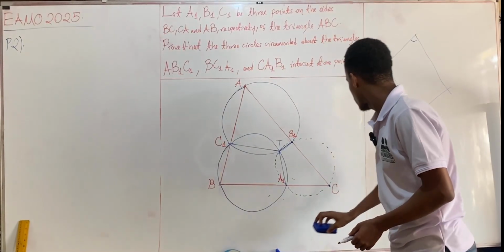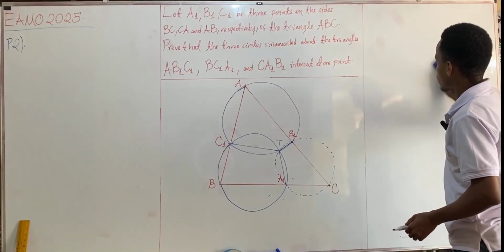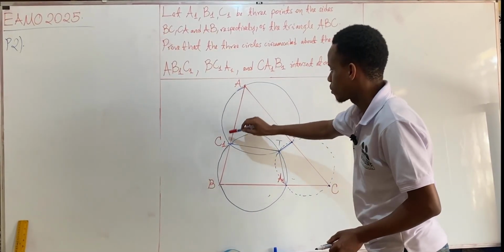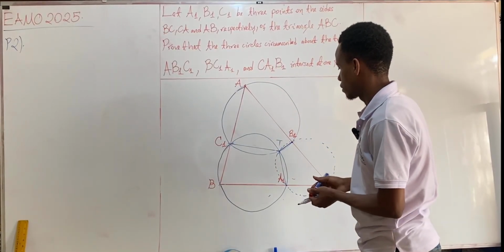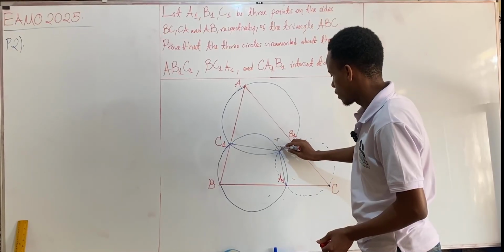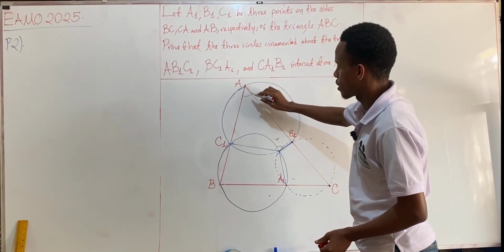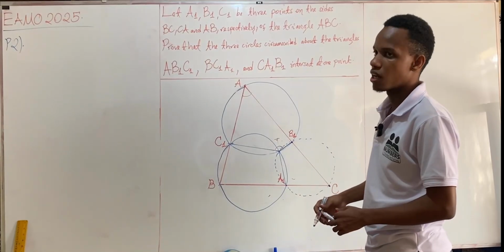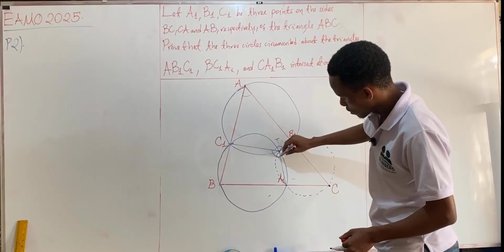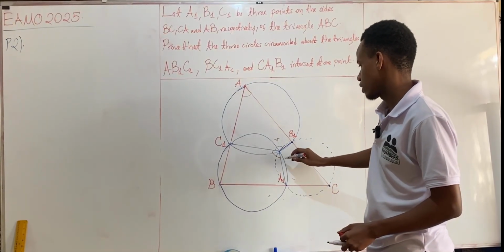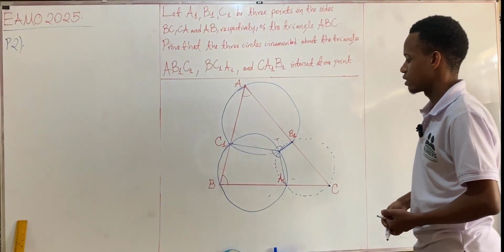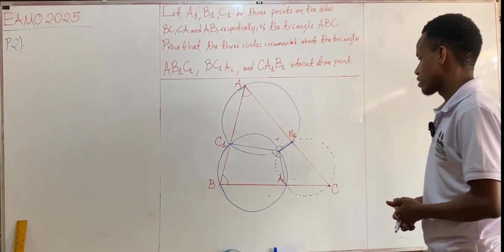So in this case, because we already know that the upper quadrilateral is a cyclic quadrilateral, that means that this angle right there plus this angle A, they will add up to 180 degrees. Likewise, when we add this angle of the lower left quadrilateral and the angle B, they will add up to 180 degrees.